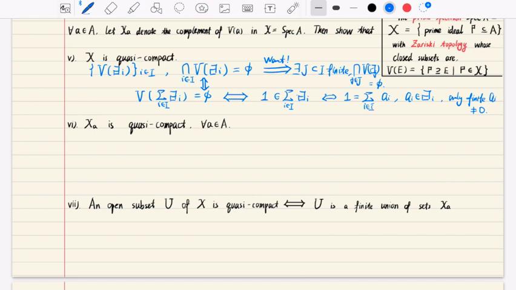So we just take the non-zero A_i, denoted by J. Our proof is done.